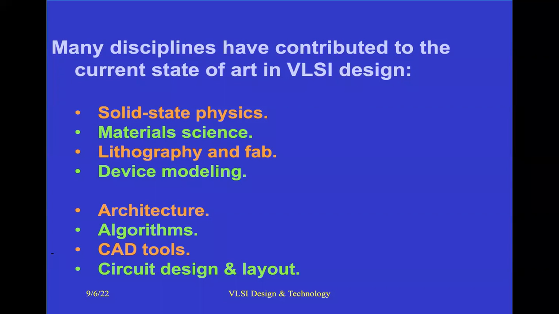Solid state physics. Next, material science. As I was telling you, aluminum also is a material, okay. Steel also can be a material for connecting things. Copper also can be, gold also can be, right? So a lot of research and development in the field of materials, and finding out how they can transmit information from one point to another, plays a very important role.